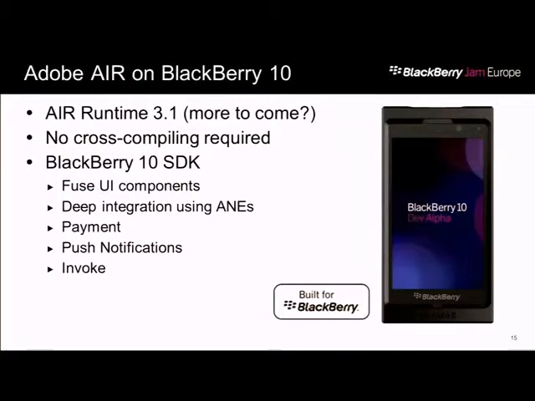Actually, the SDK of BlackBerry 10 is based on Adobe AIR Runtime 3.1. That is not the latest, since we actually have a release of Adobe AIR 3.6 that is more advanced and with more features.